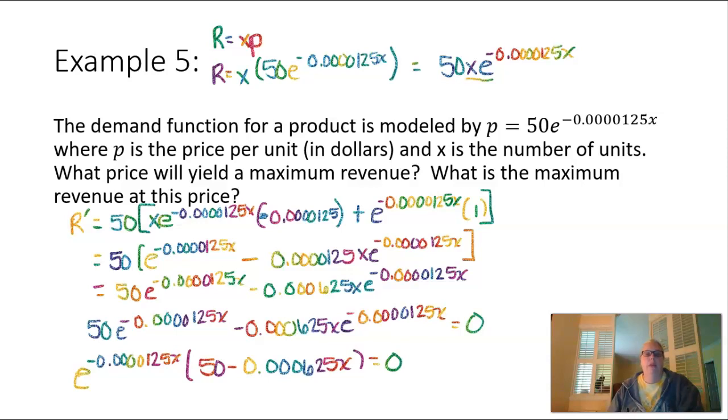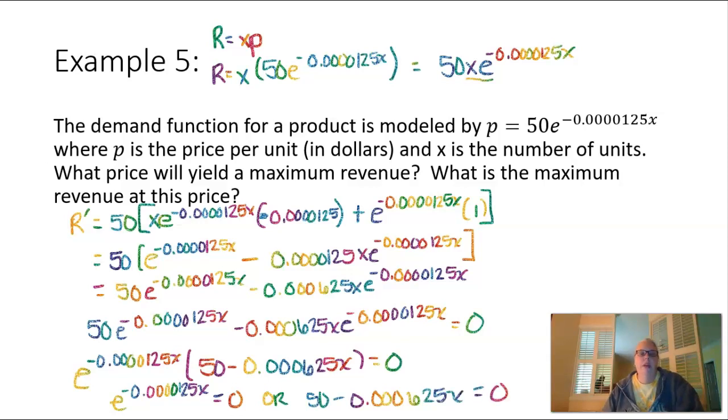Okay, now, if we apply our product rule, we'll take the first one and set it equal to 0, or the parentheses there could be equal to 0.